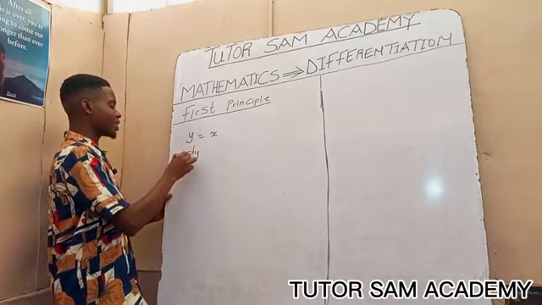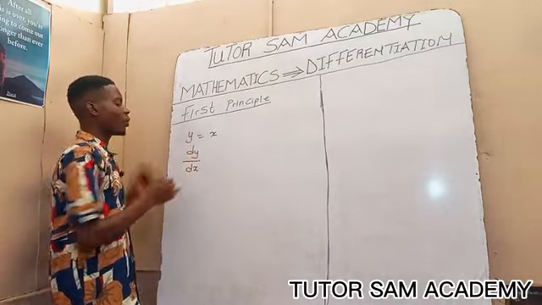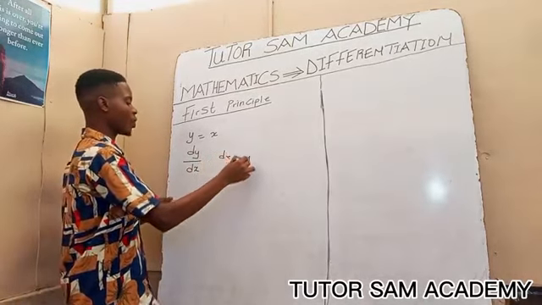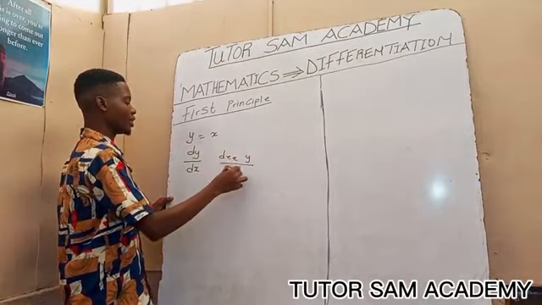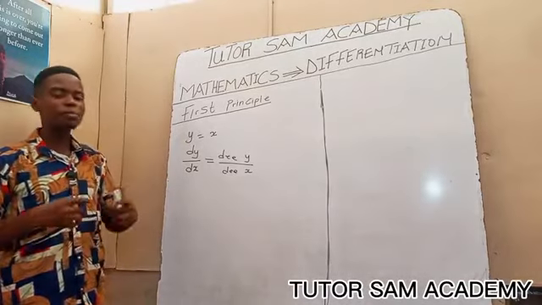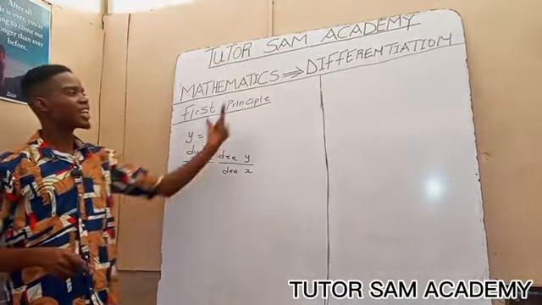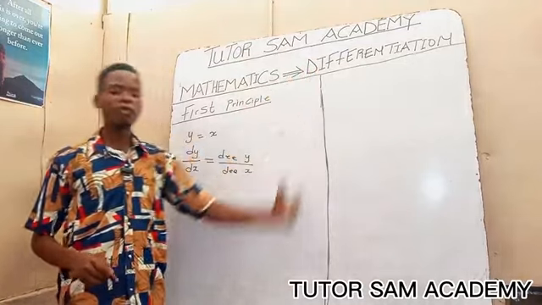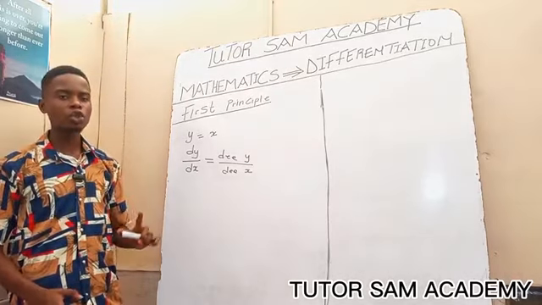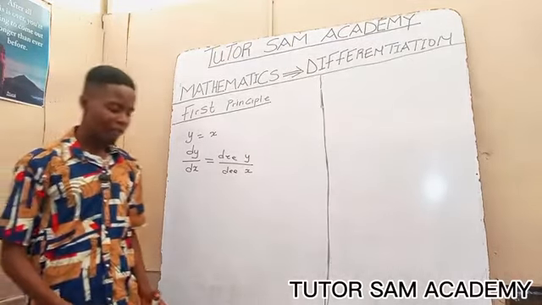It is denoted as dy over dx. So differentiation is the process of finding the derivative of a function, and the derivative is the rate of change of a function or the gradient of that function.